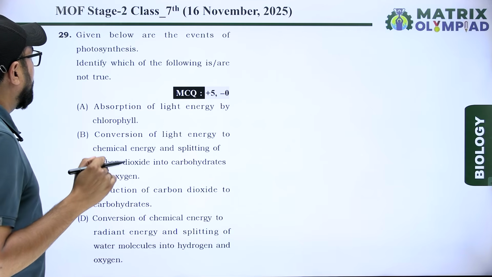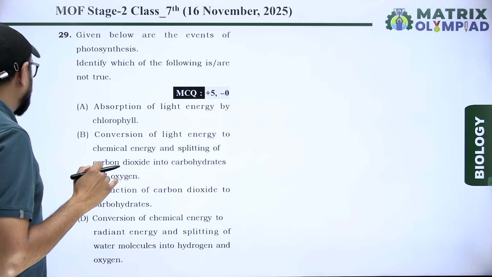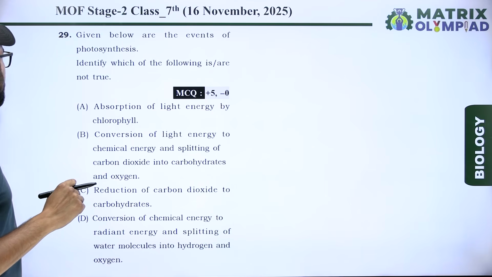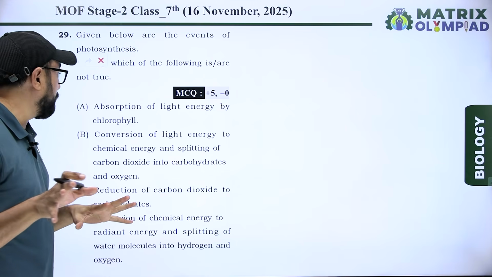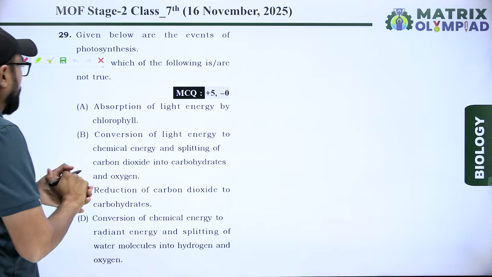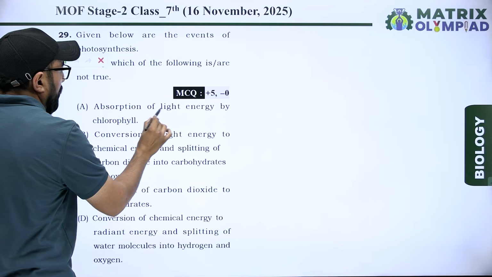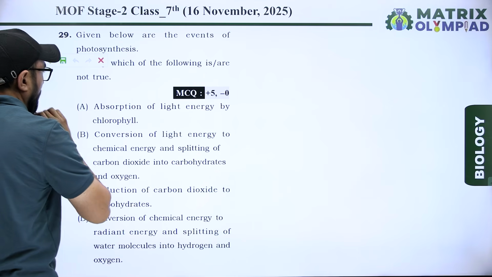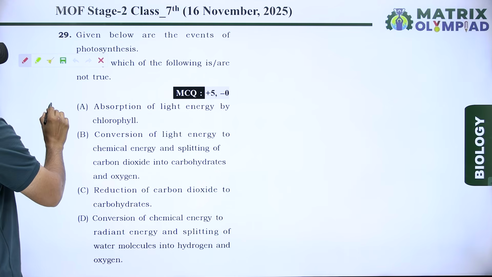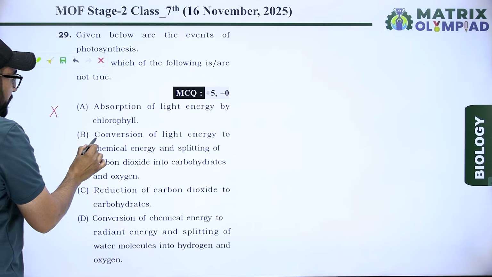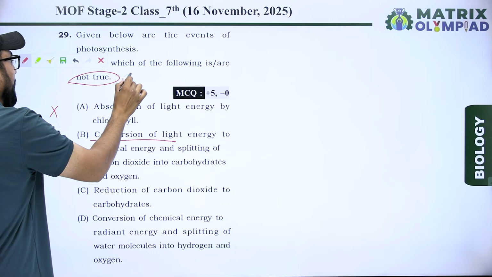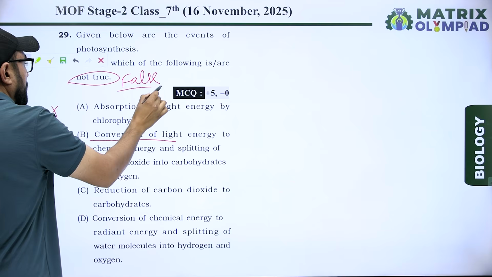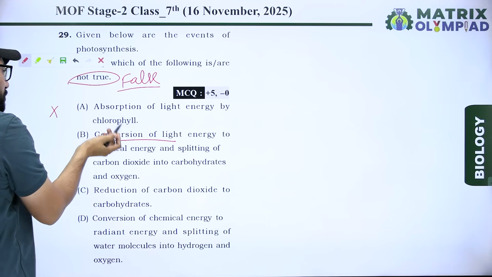Given below are the events of photosynthesis. Identify which of the following are not true. Option A, absorption of light energy by chlorophyll, that is right.